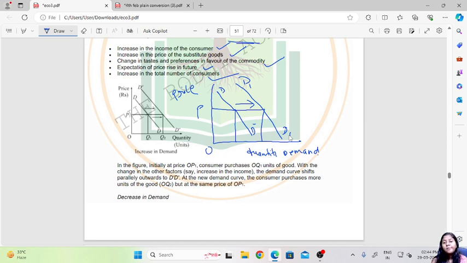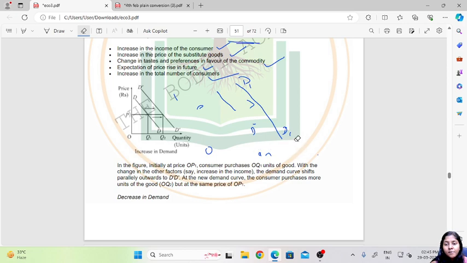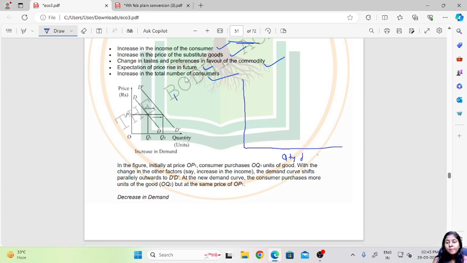In the figure, initially at price OP1, I'll draw this properly. So quantity demanded is given on x-axis and price is given on y-axis. Now O to P, and this is your original demand curve.